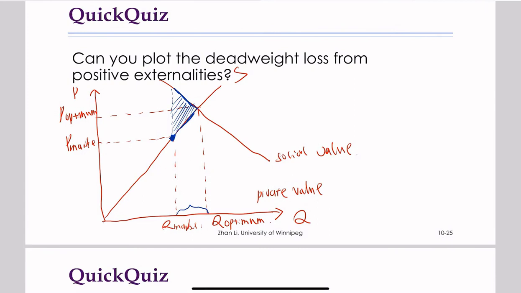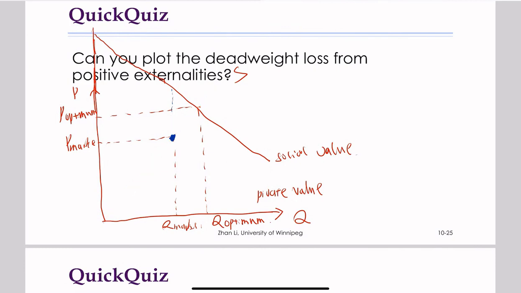Okay, let me give you a more detailed analysis to show you why this is the deadweight loss. So let me extend this curve, right? And now let me give some names for these.